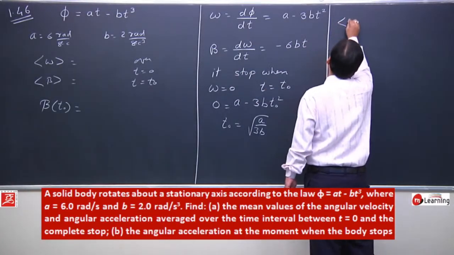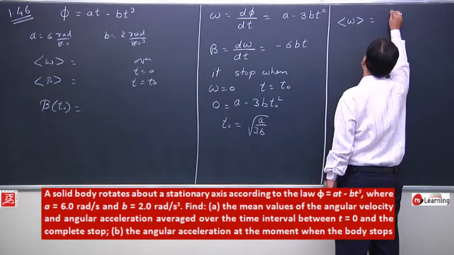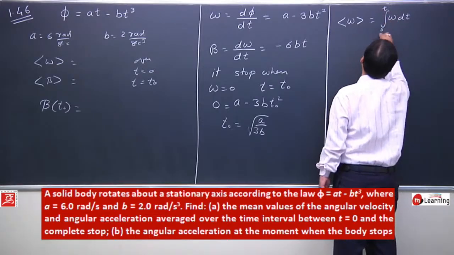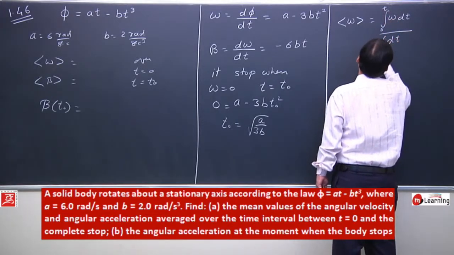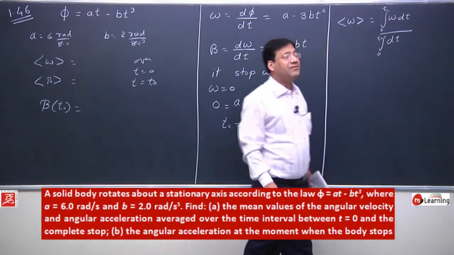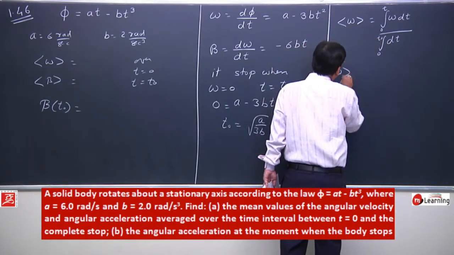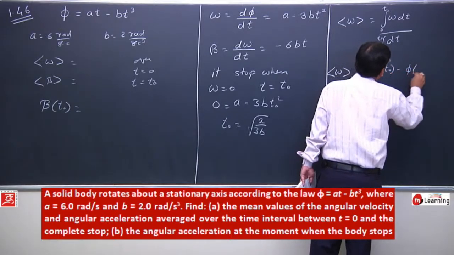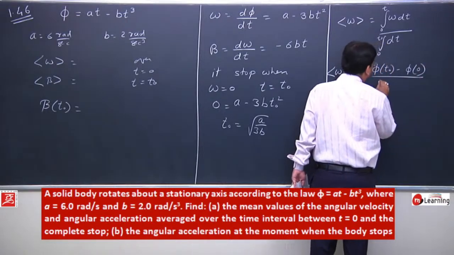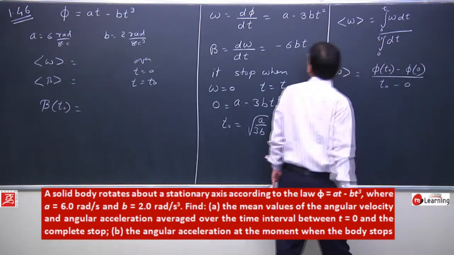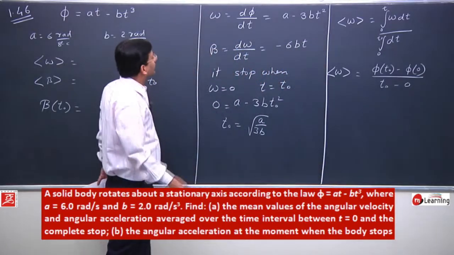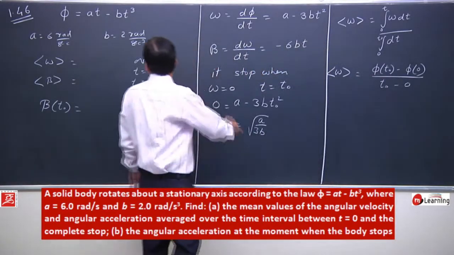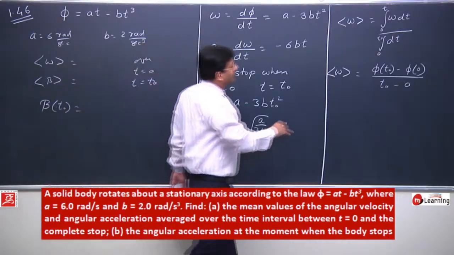So, I will say average angular velocity is defined as integral of omega dt from 0 to t naught upon integral of dt from 0 to t naught. It can also be defined as angular displacement at t naught time minus angular displacement at 0 time upon t naught minus 0. Angular displacement, we have to substitute t naught like this.